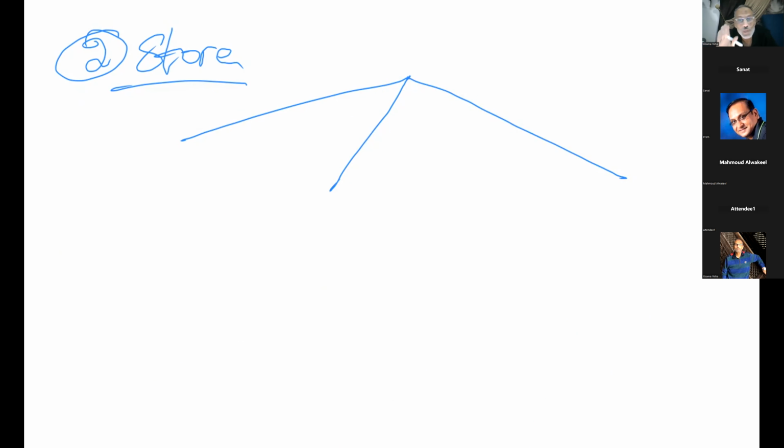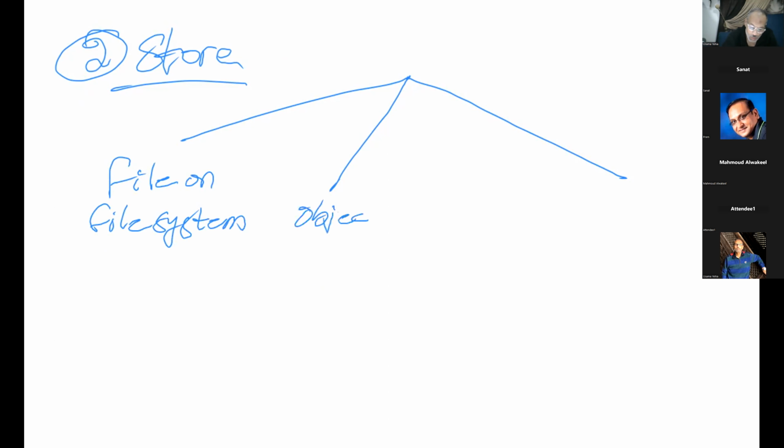In the CCSP materials, they defined that the data will be stored in 3 different ways. Number 1, as a file on a file system. Number 2, on object storage.